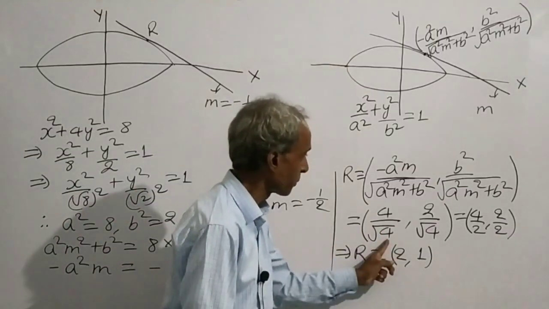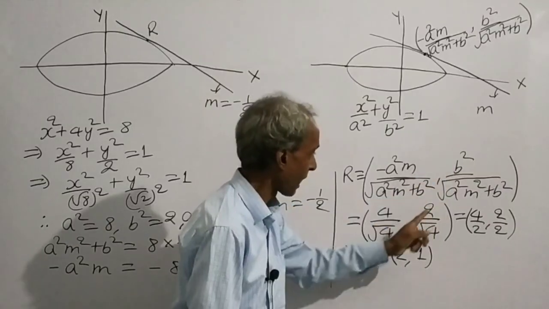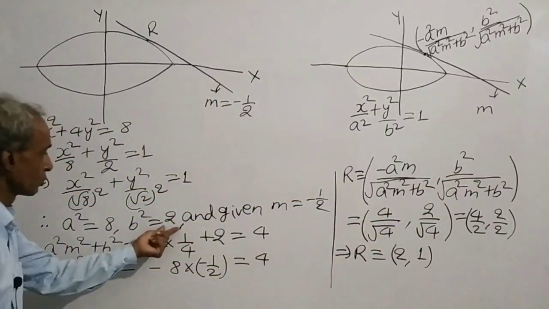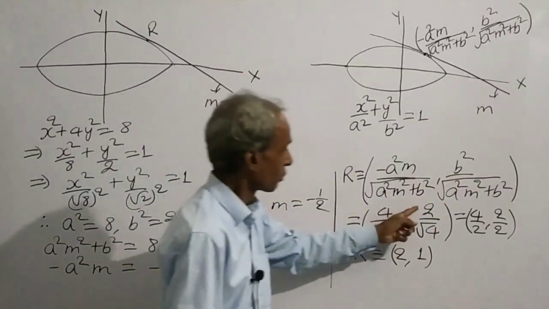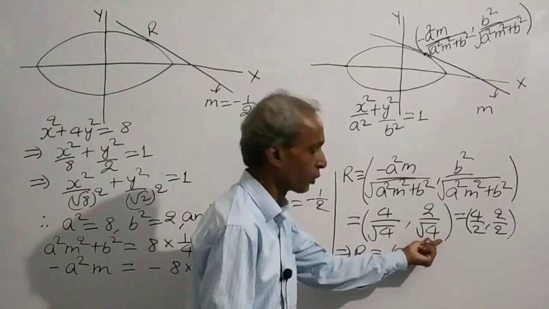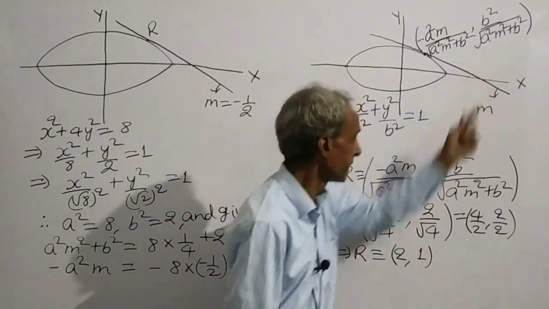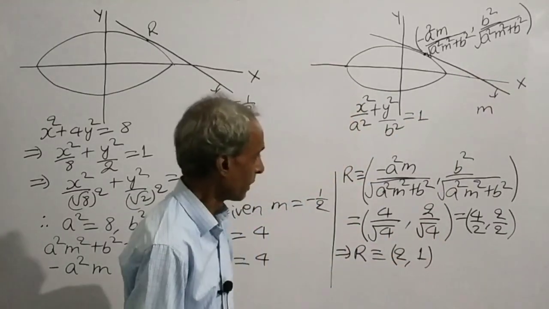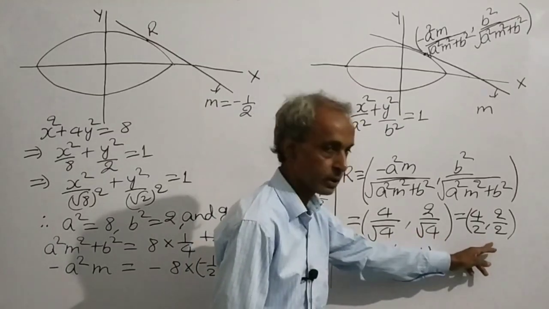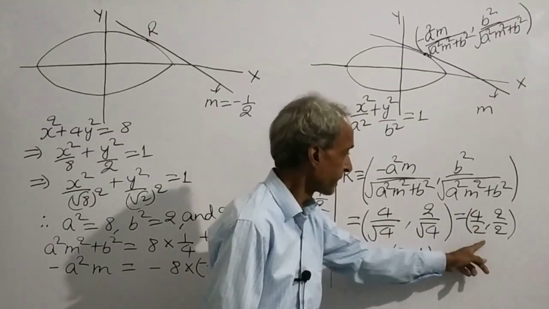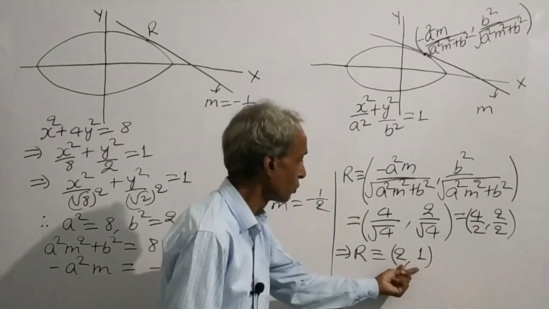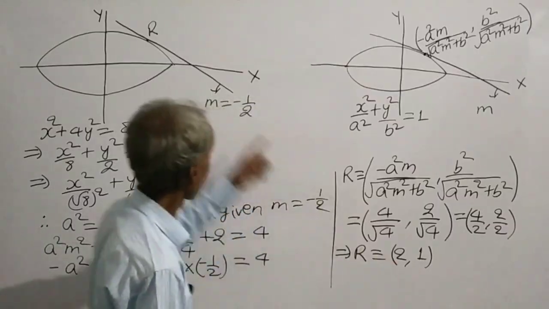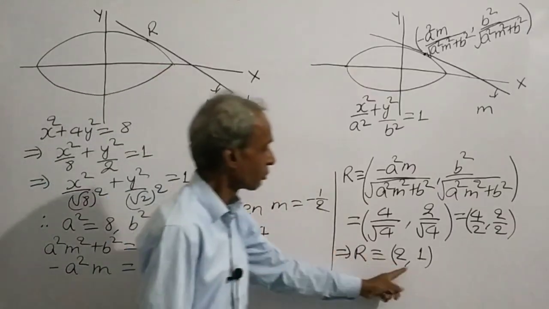That means root 4. b square is 2, 2 by root under 4. This is equal to this. And this will be equal to (2, 1). Therefore, coordinate of R will be (2, 1).